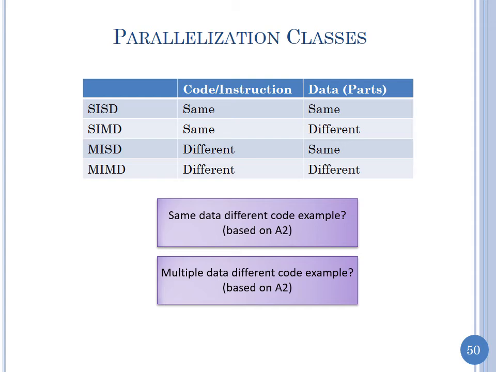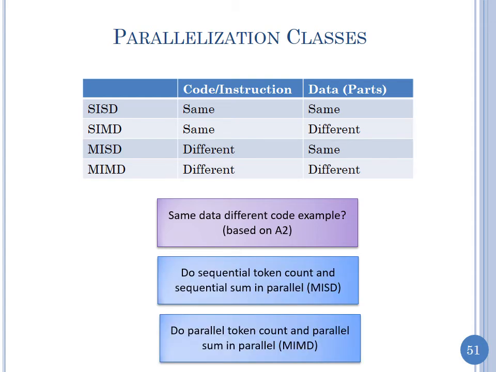How about same data, different code example? Or multiple data and different code example, again based on A2. So if I'm given in your A2, 1, 1, 2, 2, 3, 3, I might want to sum the values up. Or I might want to figure out how many times 1 appears, how many times 2 appears, how many times 3 appears. So they may both be interesting problems, same data, but different code.